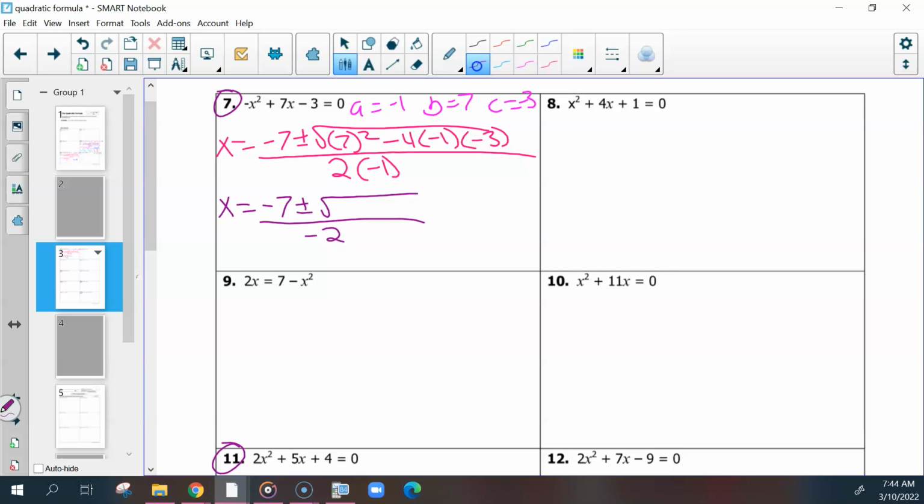Thirty-seven. Is 37 a perfect square? No. So this is going to be one that stays in the radical. Your solution set would be x equals -7 minus the square root of 37 all over -2 and -7 plus the square root of 37 all over -2.